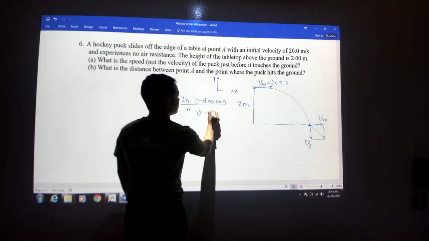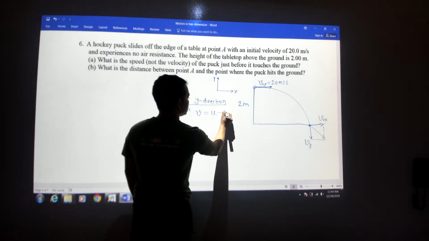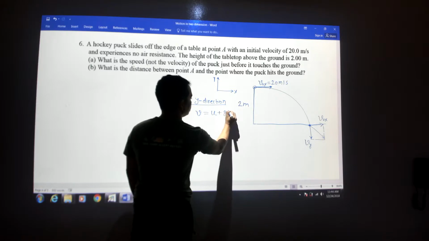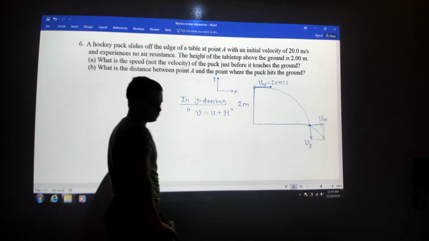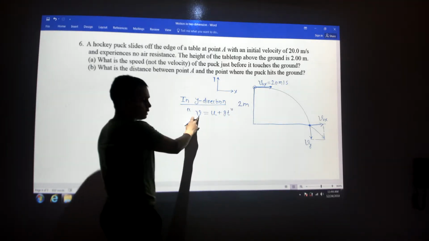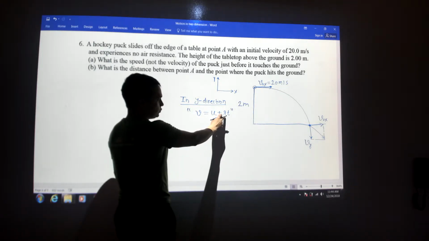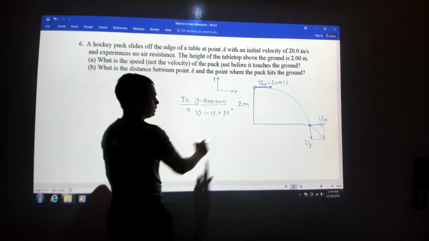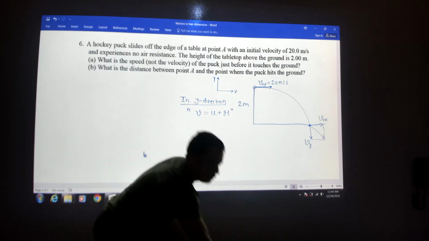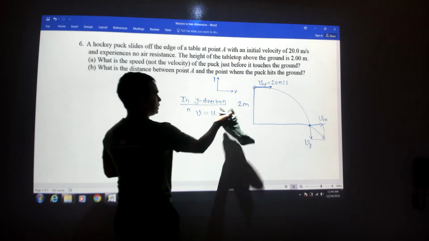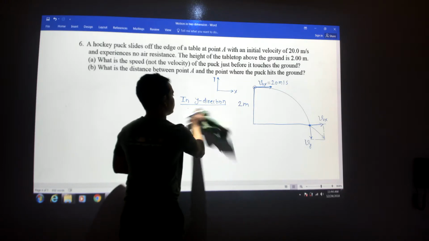I'm going to use a formula here: V is equal to U plus GT, where V is the final velocity, U is the initial velocity, and G is the acceleration due to gravity. But I think we will have to use a different equation, because time is not given, the height is given.